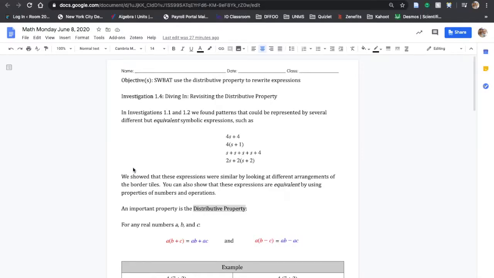All right. So just to review what we were doing last week, we started looking at some examples of some pools. So we had a pool and it was surrounded by border tiles, right? Just forgive my drawing, it's not very great. And if you recall, what we were trying to figure out is how many tiles went around the outside of the pool, right?